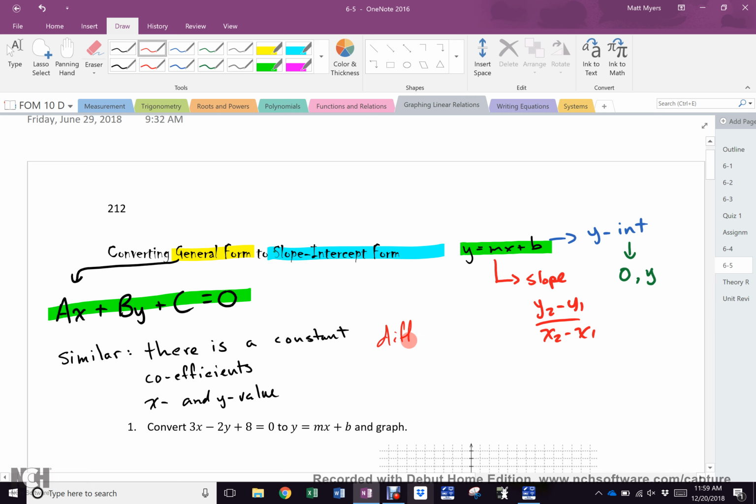The letters. X and Y are on the same side. We use A and B and C. There's more coefficients, correct? What else?